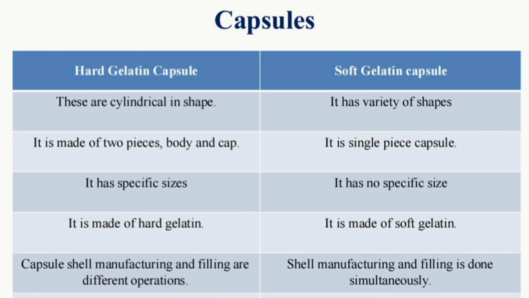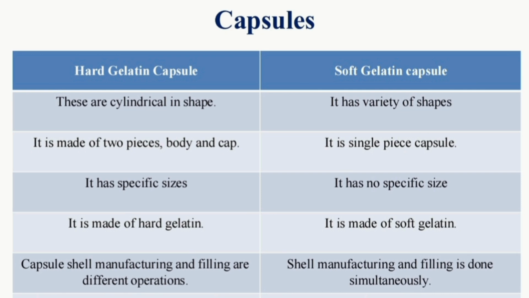Here is the difference between hard gelatin capsule and soft gelatin capsule. Hard gelatin capsules are cylindrical in shape, whereas soft gelatin capsules have a variety of shapes. Hard gelatin capsule is made up of two pieces, body and cap, as we have seen before, and soft gelatin capsules are single piece capsules.